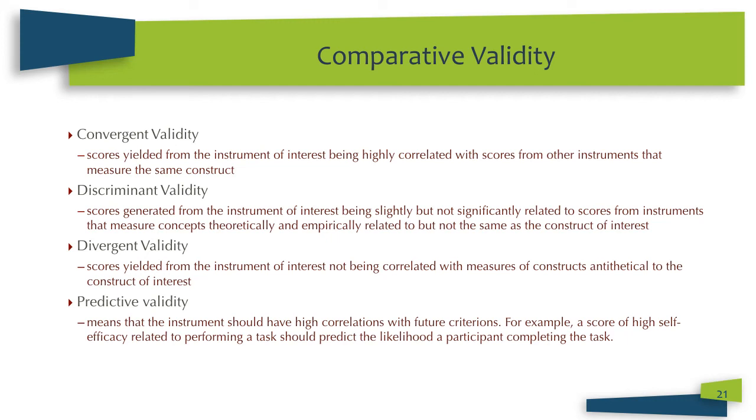So it is something between convergent and divergent validity. So basically, the idea is that you are similar to something that is almost similar to you, not exactly similar, but almost similar to you. So your results are almost similar, but not exactly similar to that research. So that is discriminant validity.